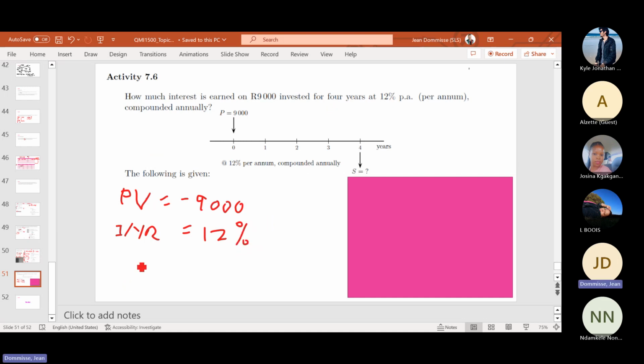You've got your period as 4 years with no monthly or additional payments. So what is our future value? Okay, so here again, you can use your financial calculator, or you can go to Excel.